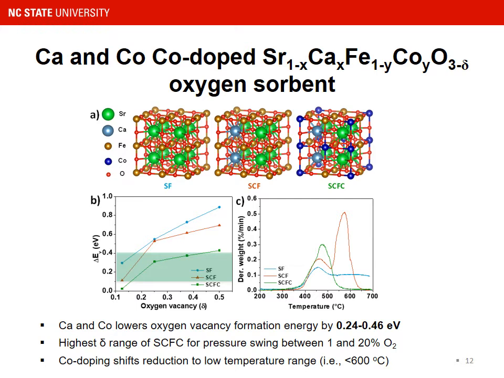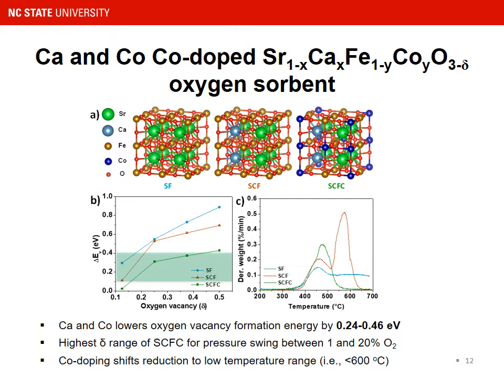Based on these theoretical findings, we performed a temperature-programmed oxygen desorption experiment. We found that for the pure strontium ferrite sample, we have the reduction peak roughly around 460 degrees Celsius, and then there's a broad peak ranging from 500 to 700 degrees Celsius. Then by doping with calcium, which is the red curve, we found that this first peak intensity increases, which indicates more oxygen is released during this stage.